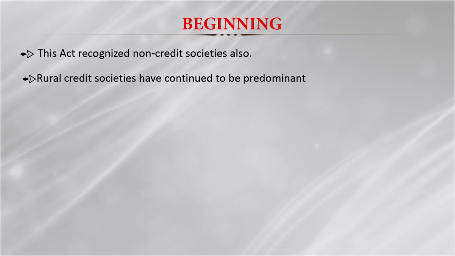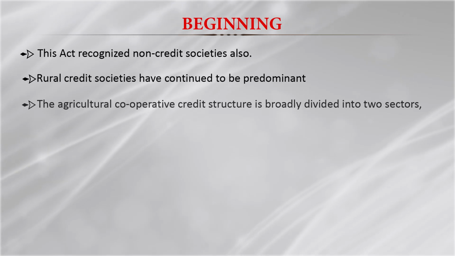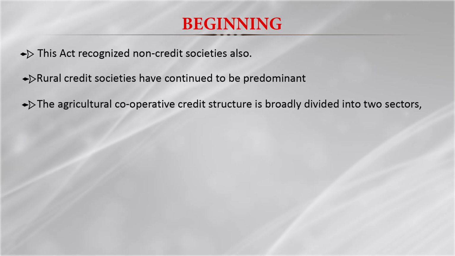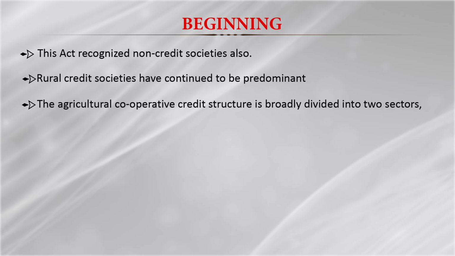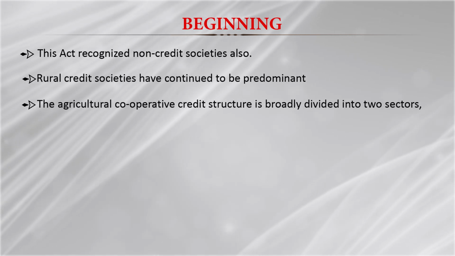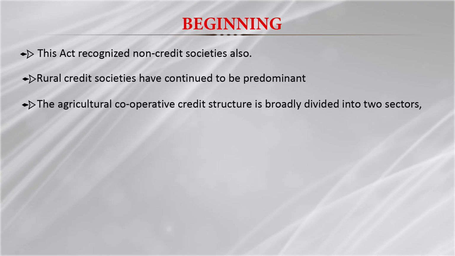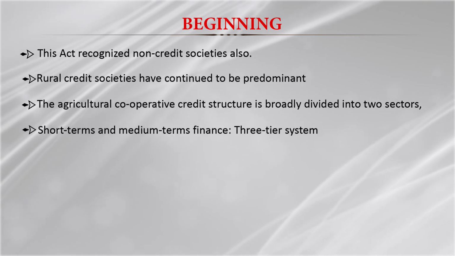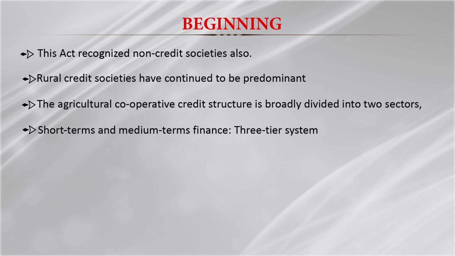Basically, there are two types of credit structure in the country, and there are two types of requirement. One is the short-term and medium-term finance requirement, and the other is the long-term credit requirement. For the short-term or medium-term credit requirement, there is a three-tier system.